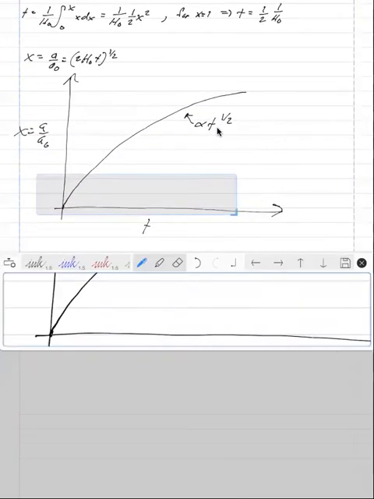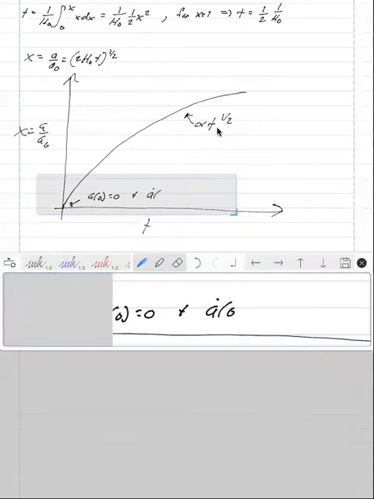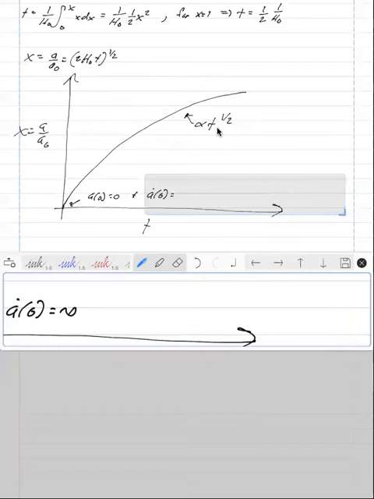And once again, we have a of 0 is equal to 0, and a dot of 0 is infinite, and we have a Big Bang.